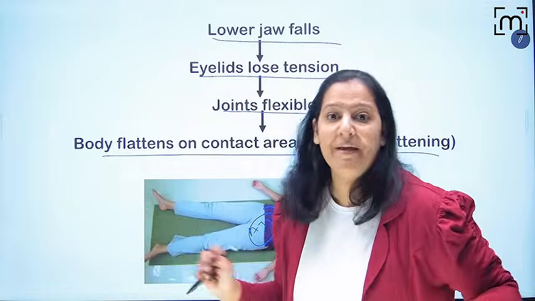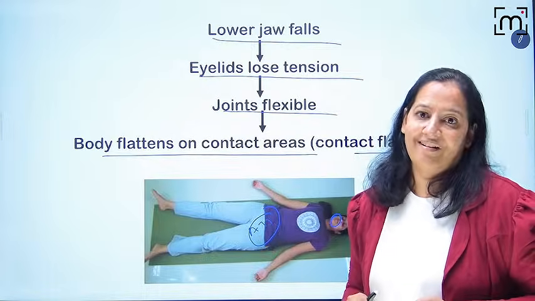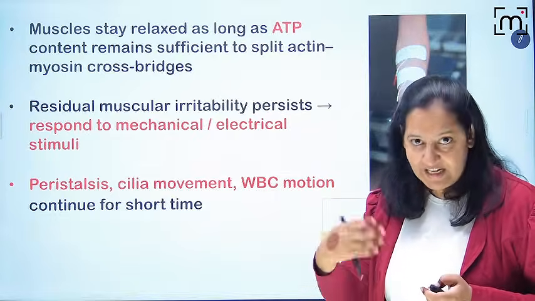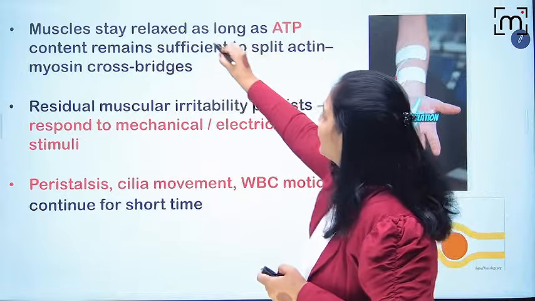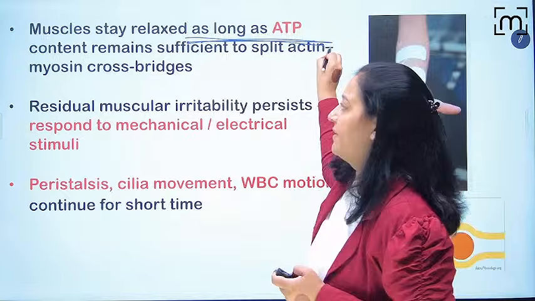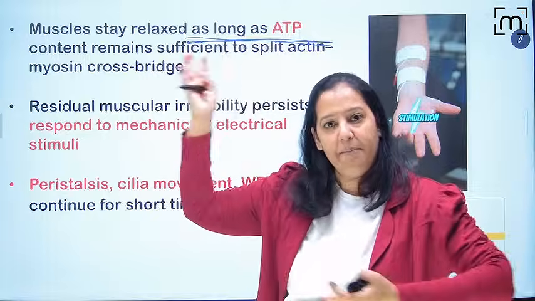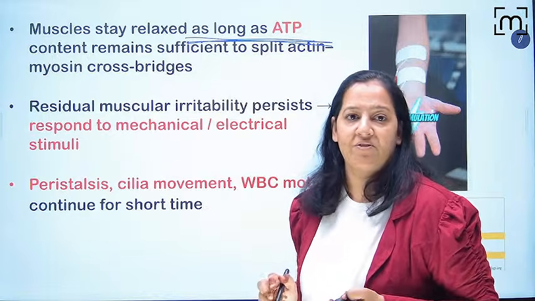Once the ATP is exhausted, rigor mortis will set in, because there is no more ATP and now muscles start contracting. I will tell you this again in rigor mortis. As long as the ATP is there, it will break the cross bridging between actin and myosin, and it causes relaxation.